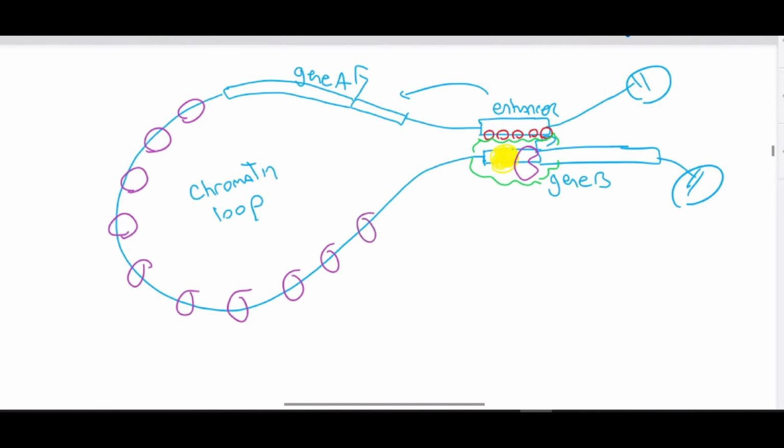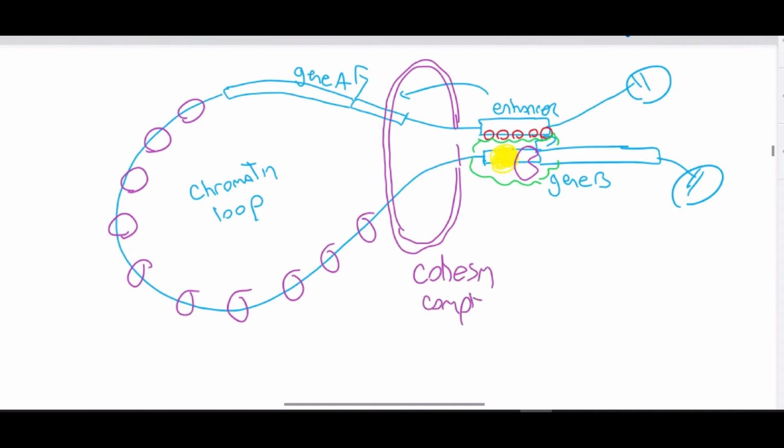And this loop can be held in place by a complex called cohesin, which we didn't talk much about in this course. So that's called the cohesin complex. So here we have our model.